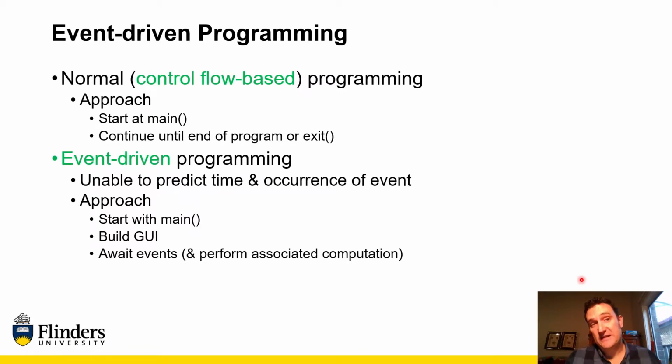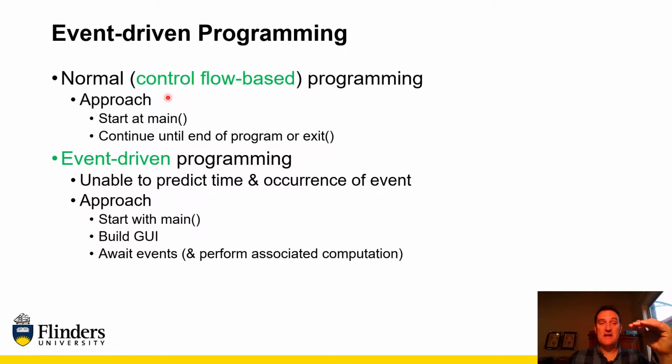So this process is known as event-driven programming. Something happens and the program responds to that event occurring. Instead of what we'd call the normal approach, which is control flow based programming.